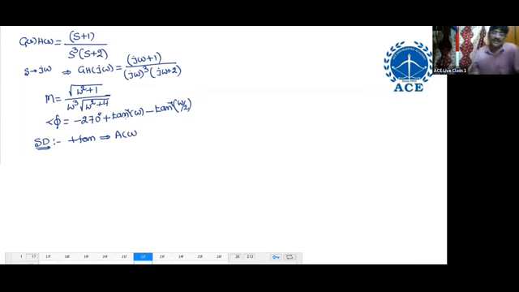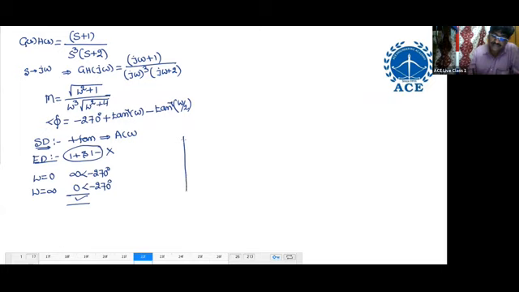For ending direction, one positive, one negative, that means ending direction does not exist. You have to draw with only the starting direction. Next, omega 0: magnitude infinity, angle minus 270. Omega infinity: magnitude 0, angle minus 270. Satisfied. Now draw the plot.